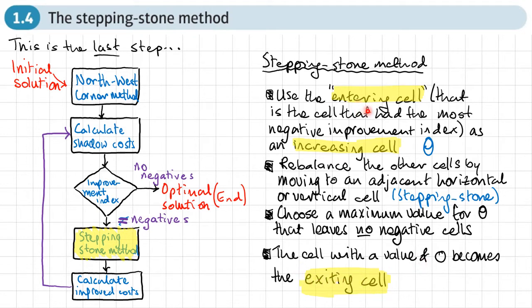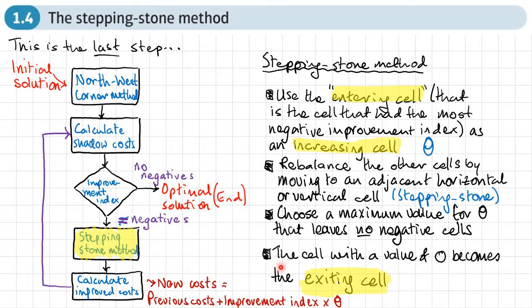So a cell has entered, a cell has exited. We then calculate our improved costs, and a quick way to calculate our new improved costs is that's going to be equal to our previous costs that we got before. That may be the initial solution if we're doing the first iteration here, plus the improvement index times theta, so this value of theta that we've chosen here.